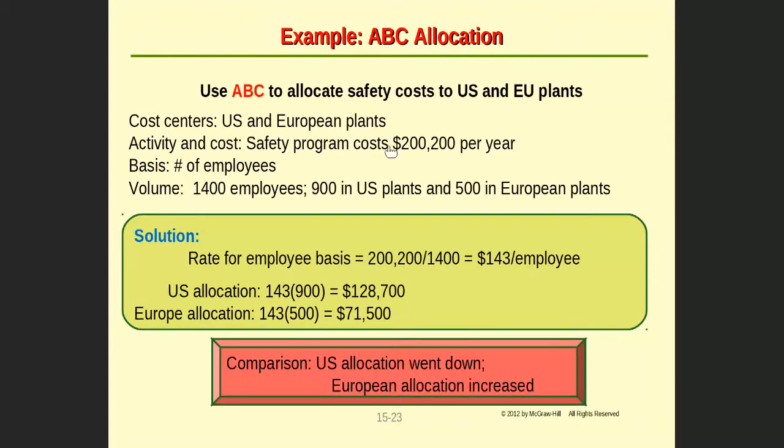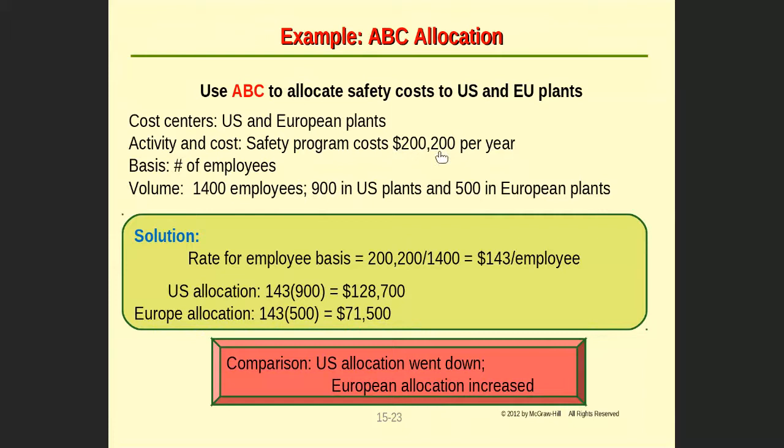The same cost is used, but for a different driver here, which is the employees, and the volume becomes 1,400 employees. And now you compare the cost for the US plants based on the 900 employees and 500 employees for the European plants.